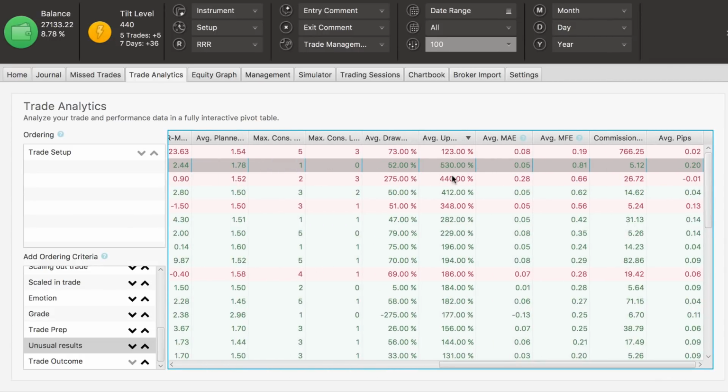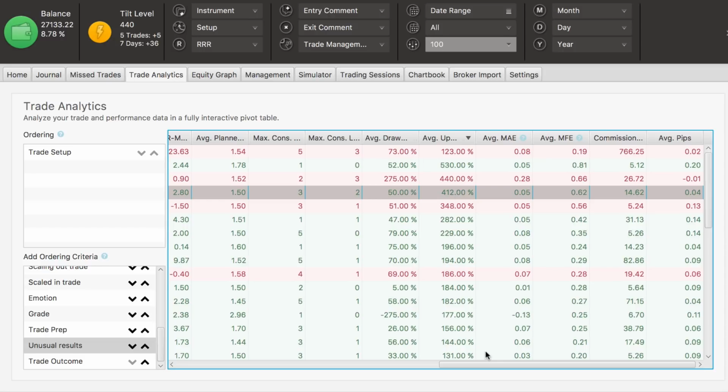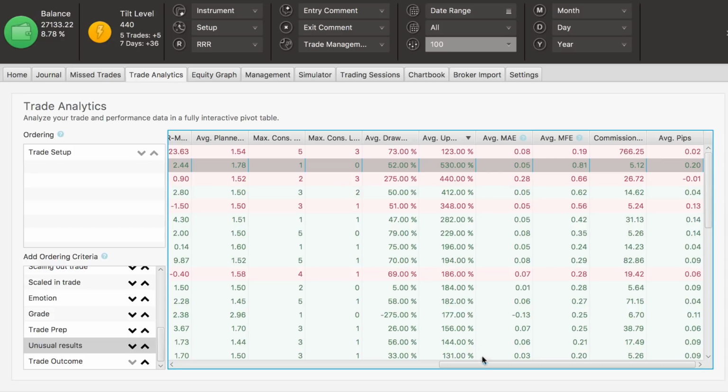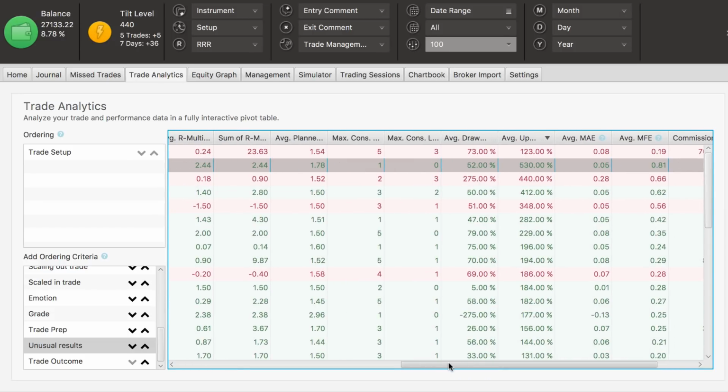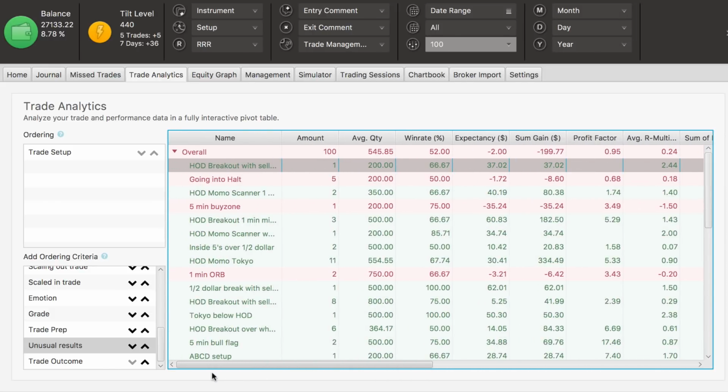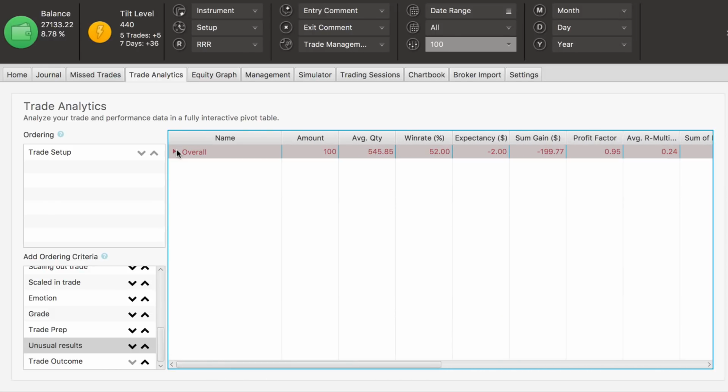You can see we have here 412 on those winning trades. You can see here 280, 229, and those all mean that the price kept traveling 2, 3, 4, even here 5 times the way after he exited his trade, and that is something that can improve a trading performance quite significantly if a trader finds ways how to capture those extra potential profits.